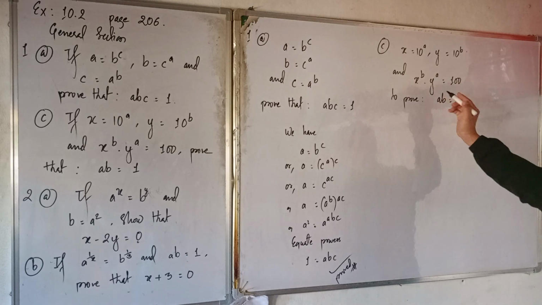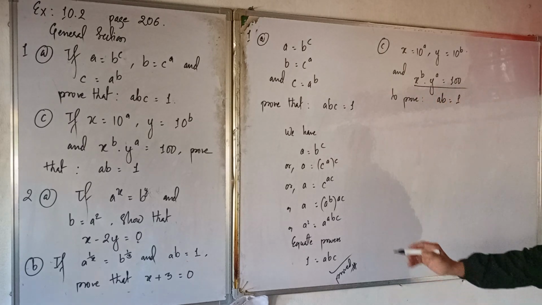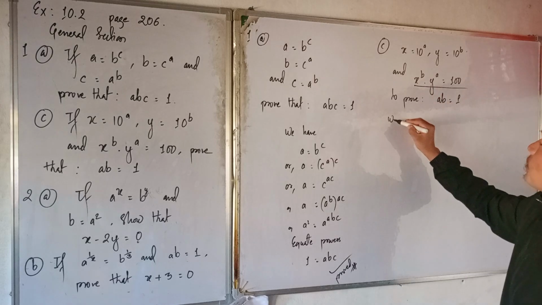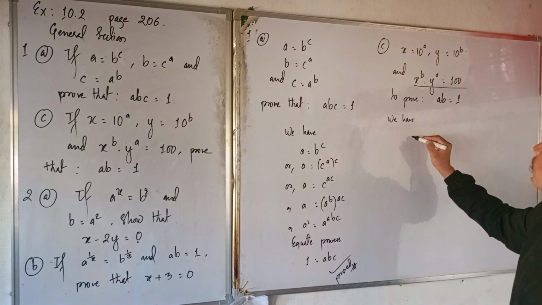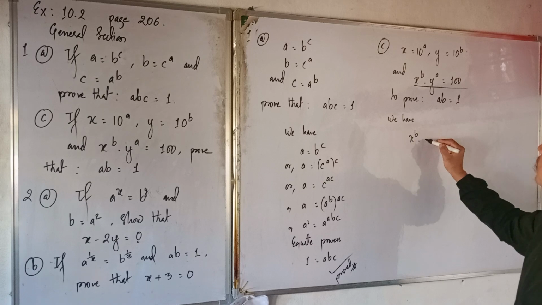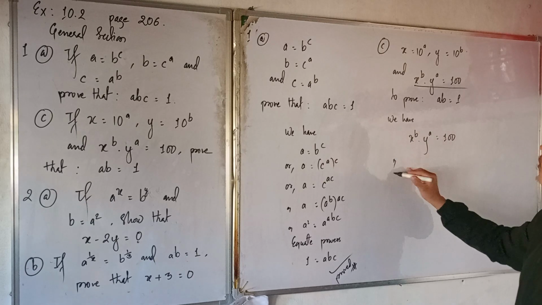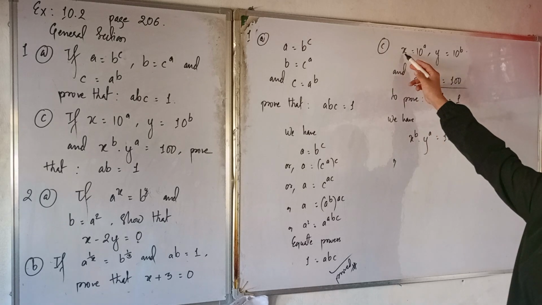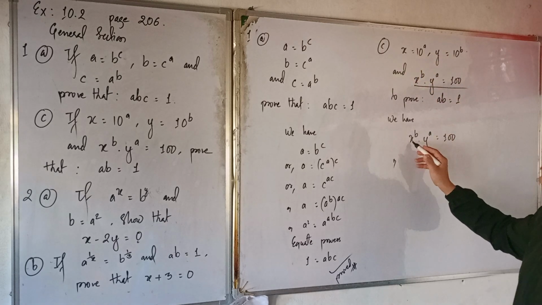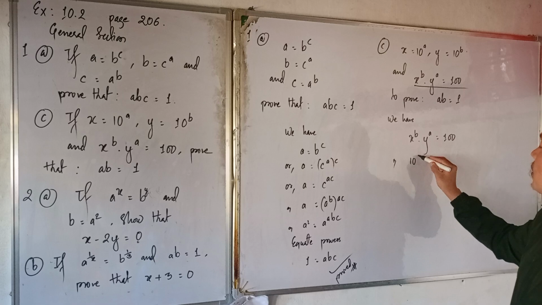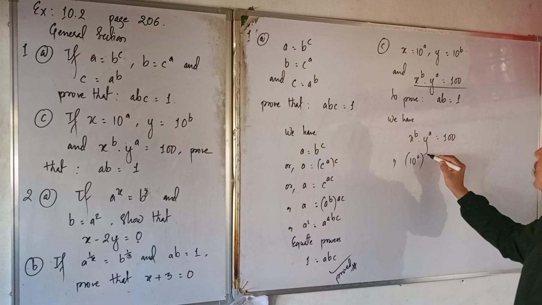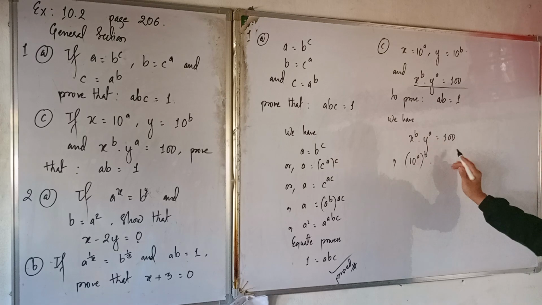In this case, just try to use this. We have x power b, y power a is equal to 100. Now we have the value of x is equal to 10 power a. Replace the value of x by 10 power a. The b is already there, don't miss that.